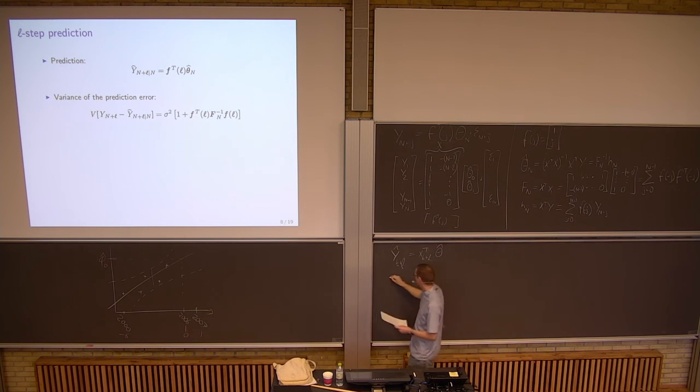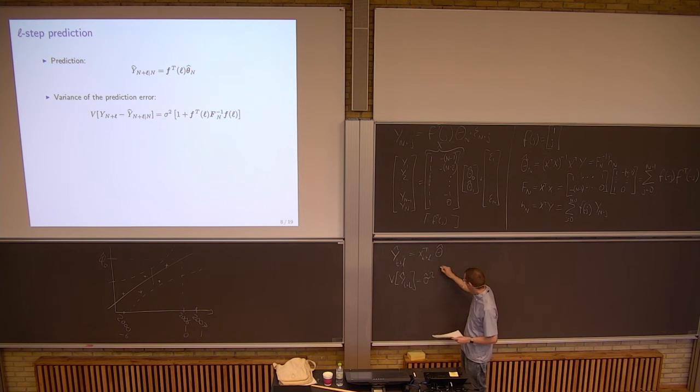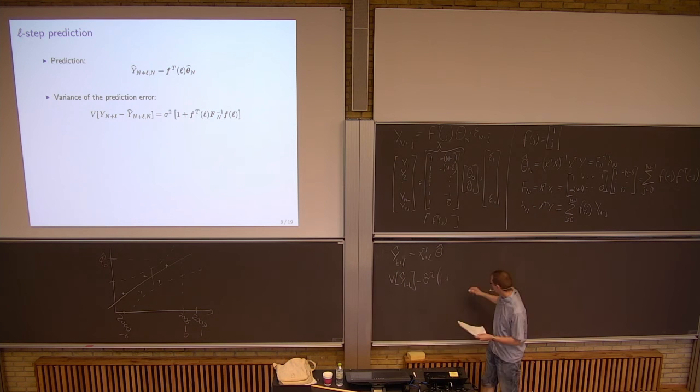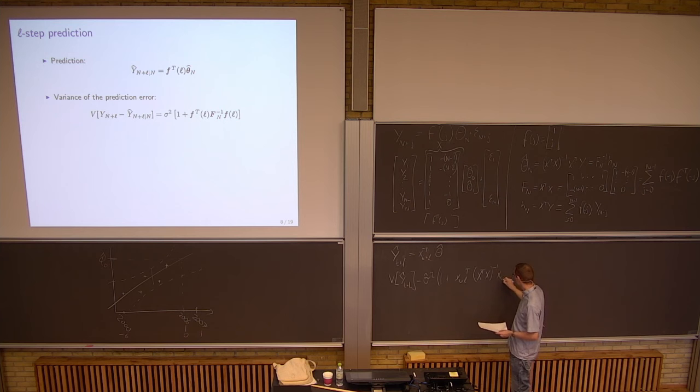And then we saw that the variance of this y hat t plus l was equal to our estimate of sigma hat square, and then a 1 due to the epsilon, and then there comes something from the trumpet shape here, which was x t plus l transpose, and then we have the usual x transpose x inverse, and then we have x t plus l.